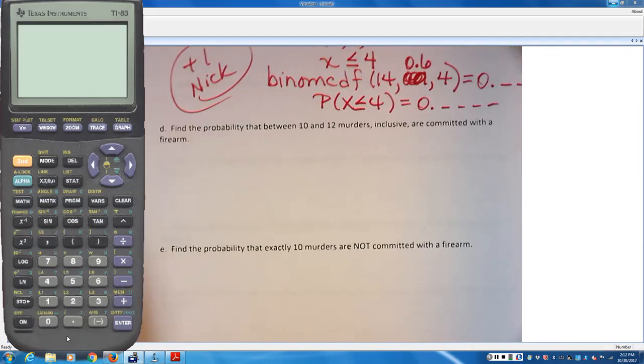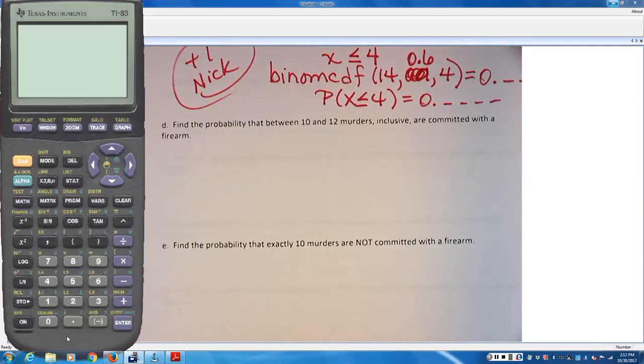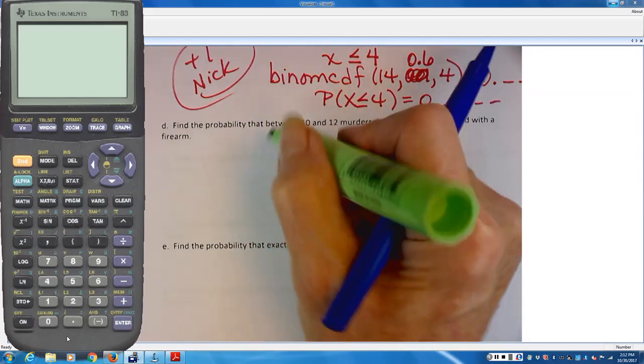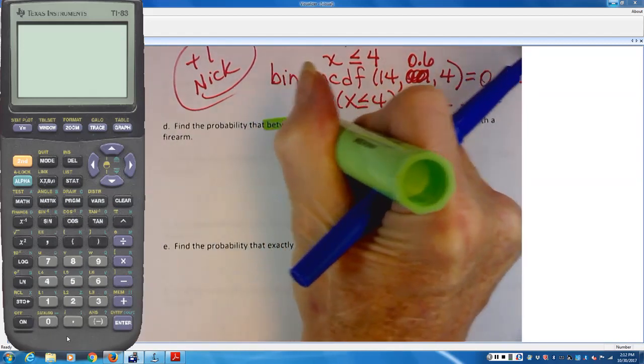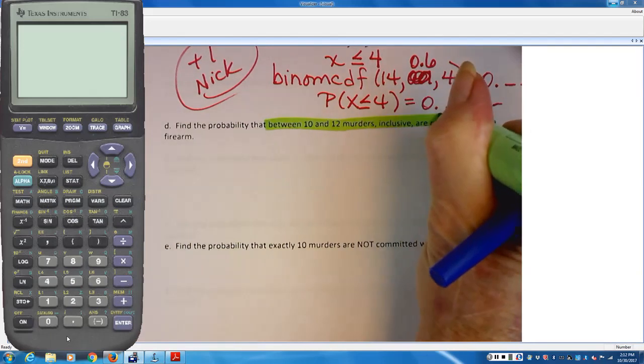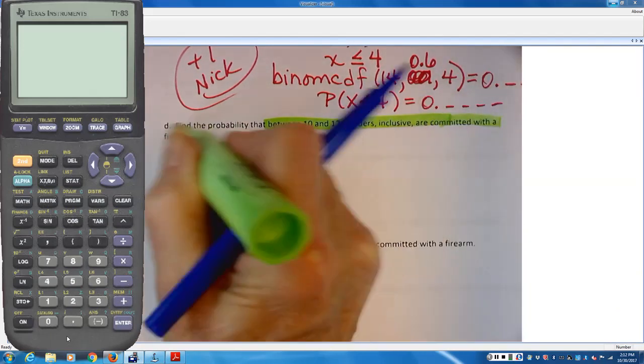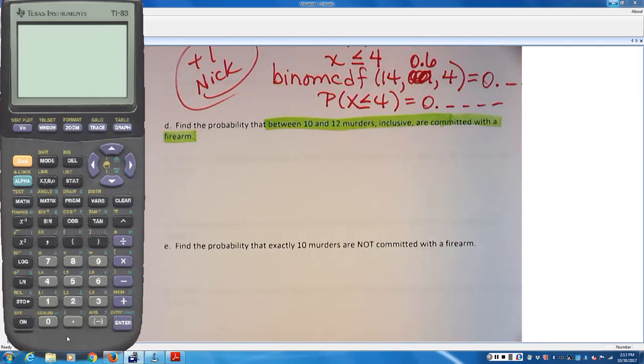Okay, let's do a couple more. Make sure you got it right. Find the probability that between 10 and 12 murders are committed with a firearm. Between 10 and 12.